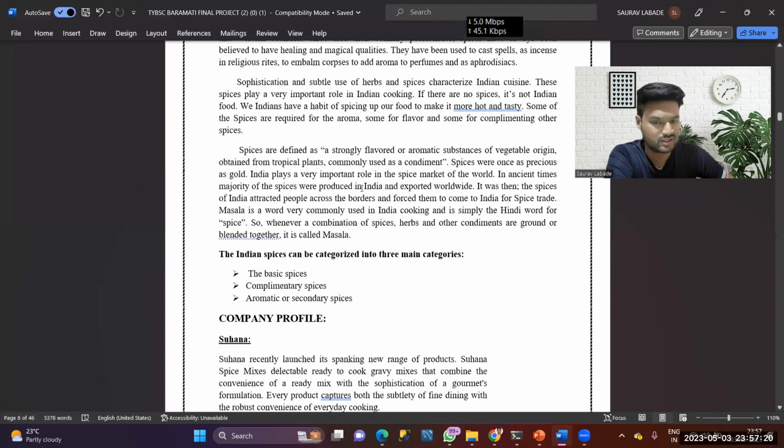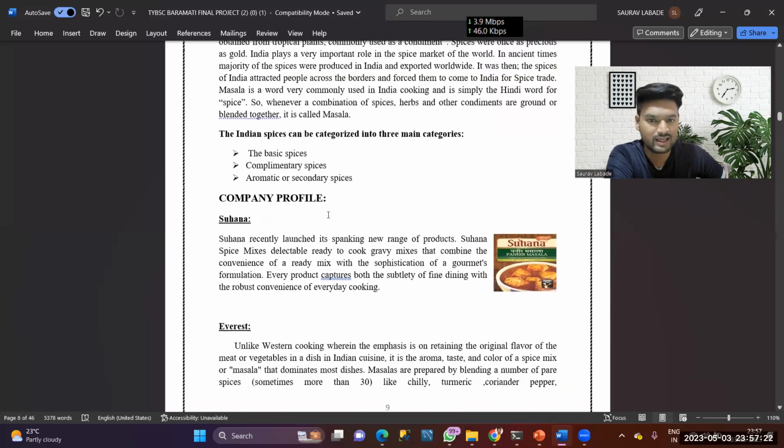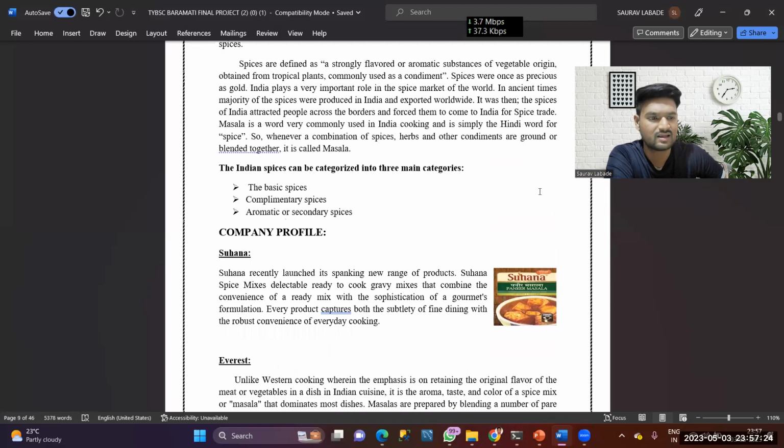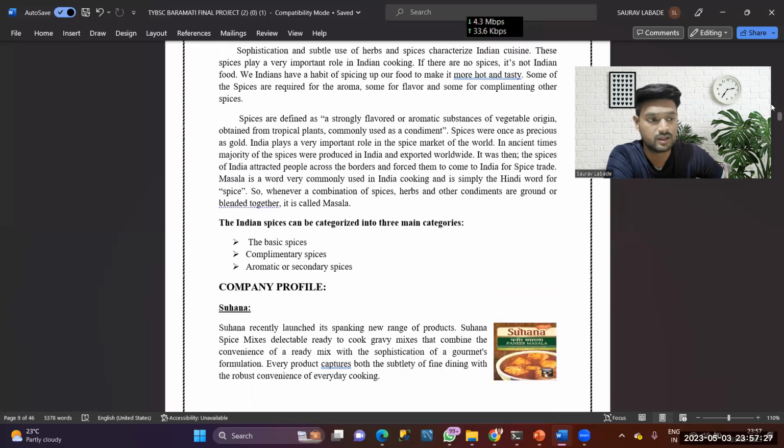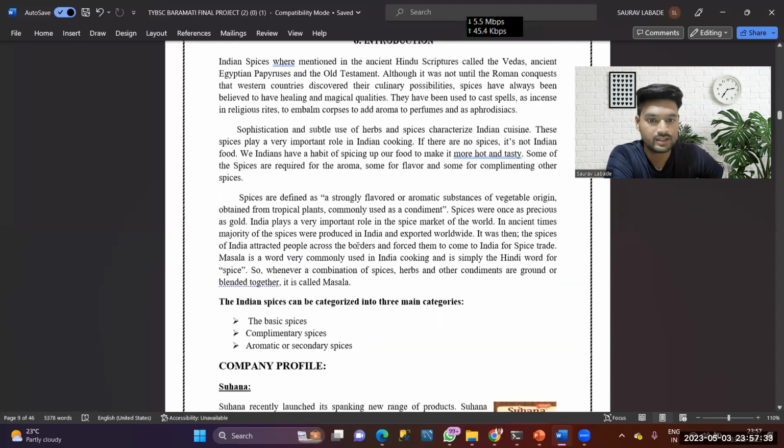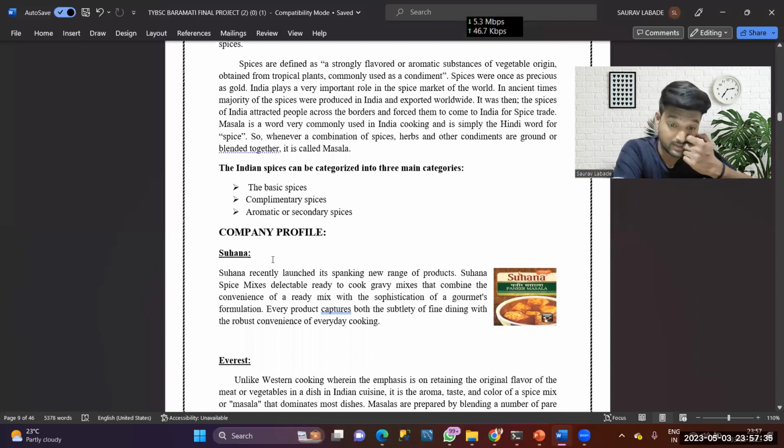Introduction is again not required. Now here I had given the introduction. This project is basically about consumer behavior on brands of masala. Hence I included here some introduction about the masalas which I had considered.